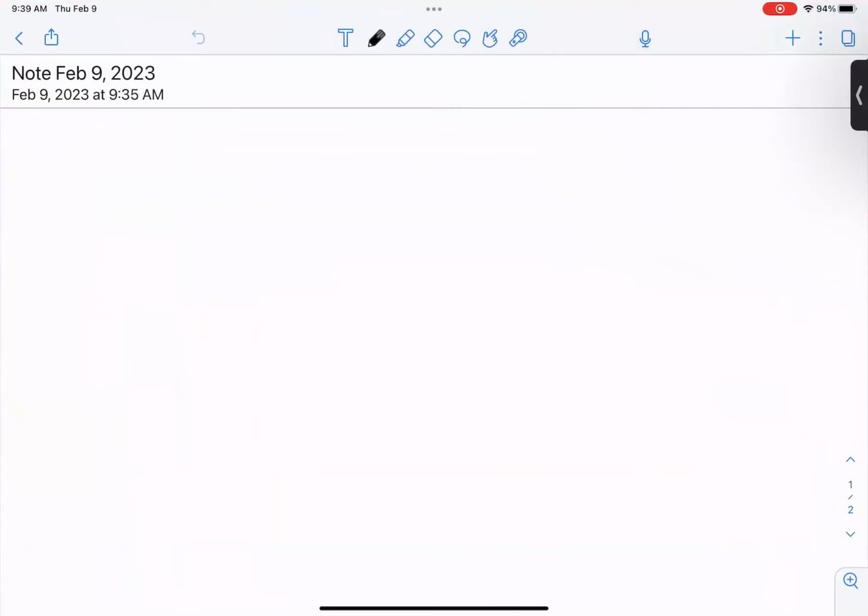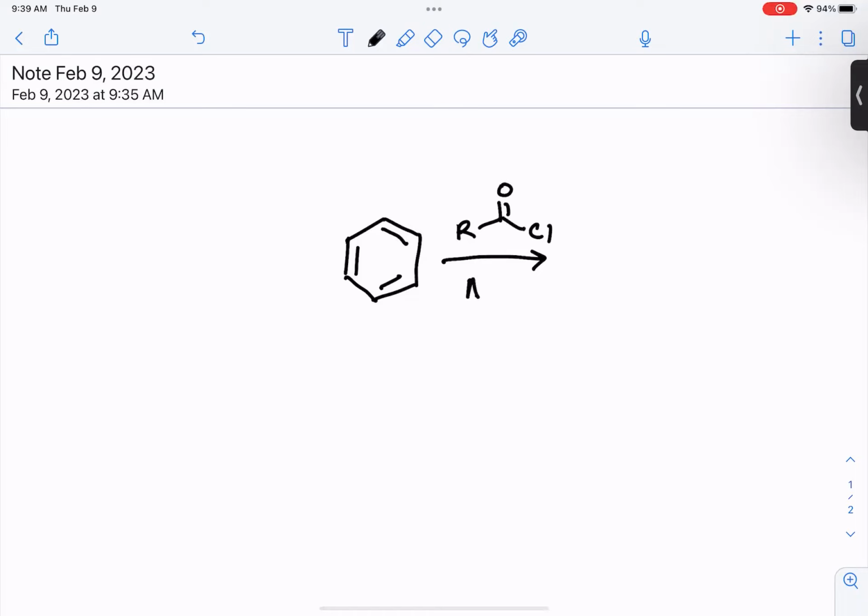Okay. So how we ended class on Tuesday was I went through all of the ways that we can put an electrophile on a benzene ring. So I'm going to just recap that up top here. So there's your benzene. And so you can acylate a ring.